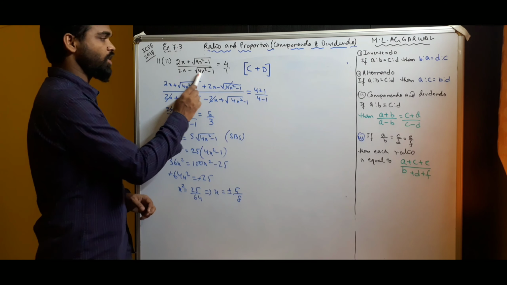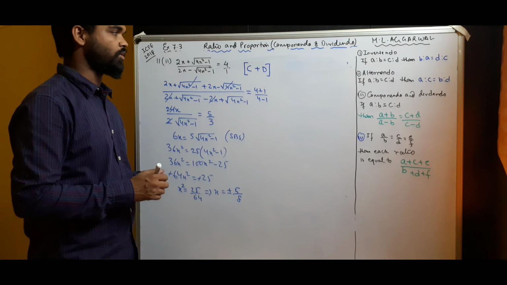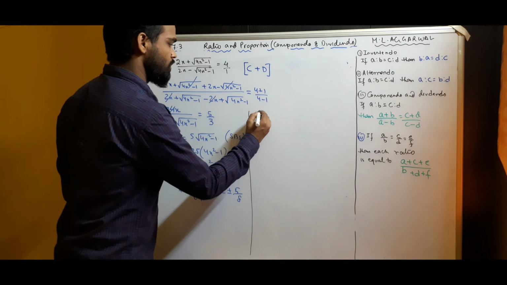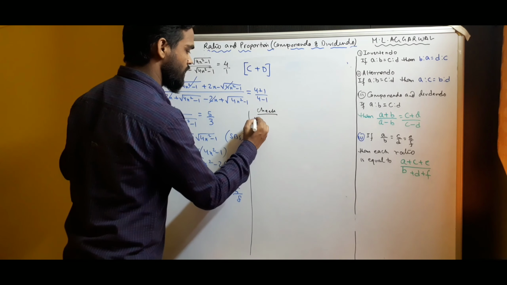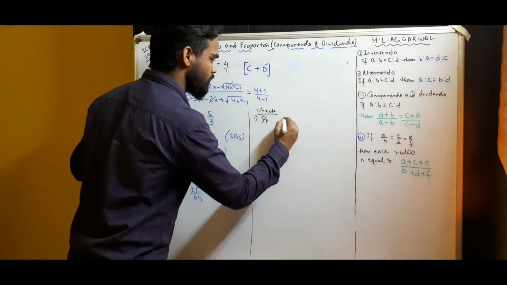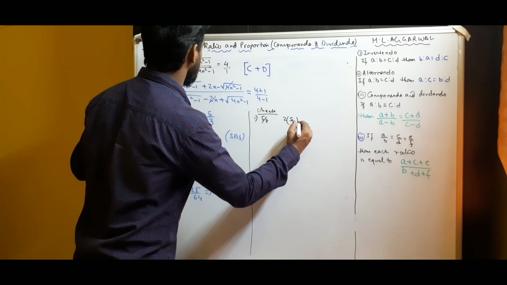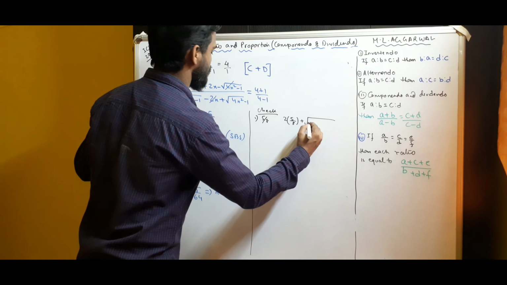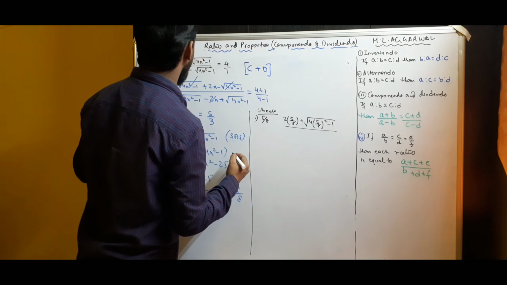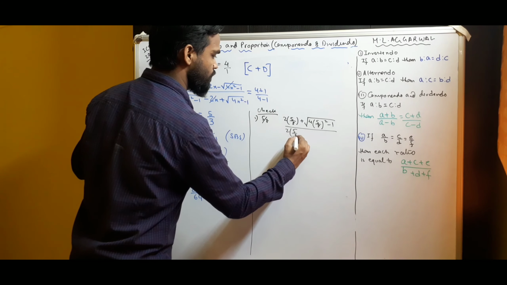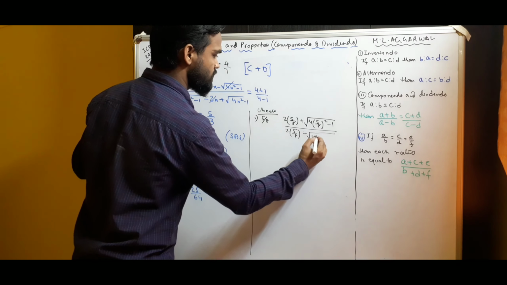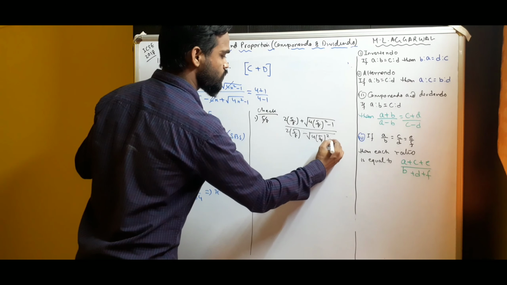Both the answers we will check in the original given question, and see whether it satisfies or not. So let us see. Check. We'll check the answer. First we'll take 5 by 8. Put it over here. So 2 into 5 by 8 plus √(4(5/8)² − 1) by 2 into 5 by 8 minus √(4(5/8)² − 1).